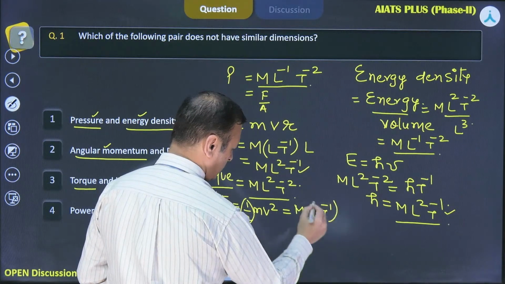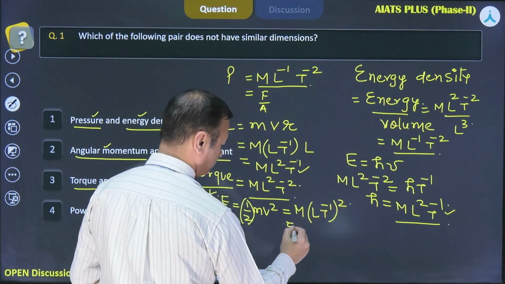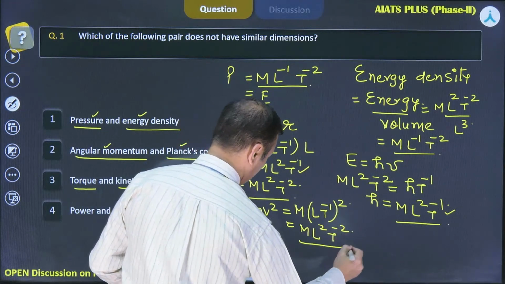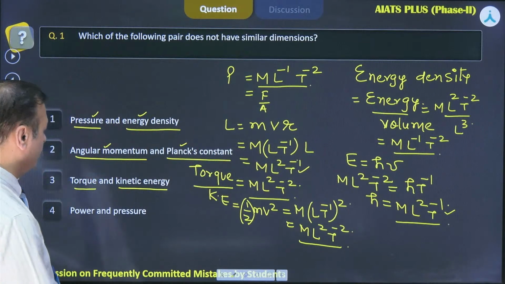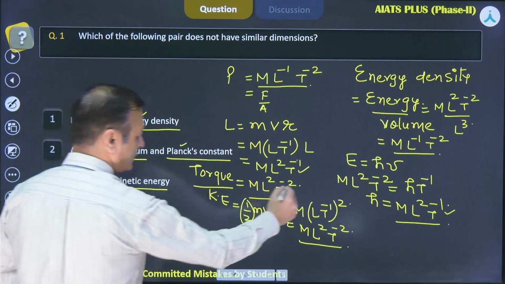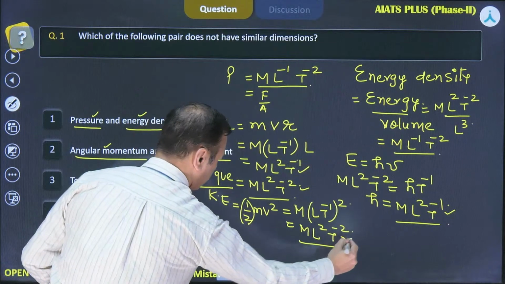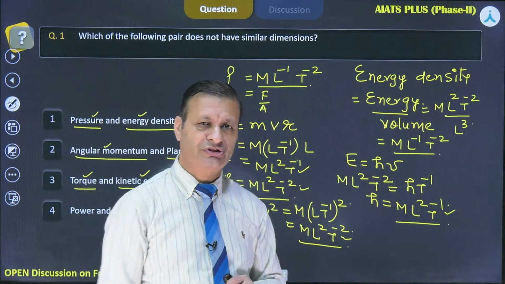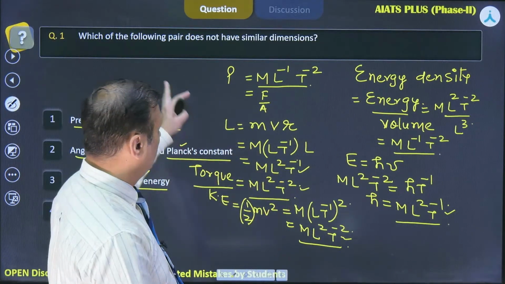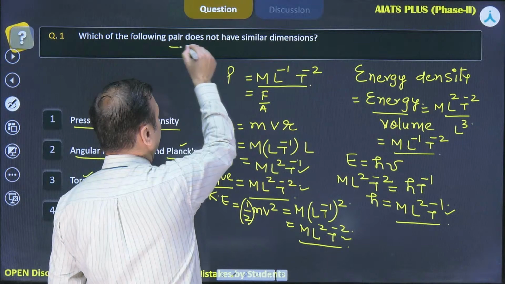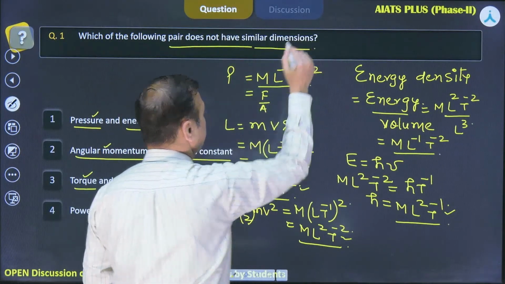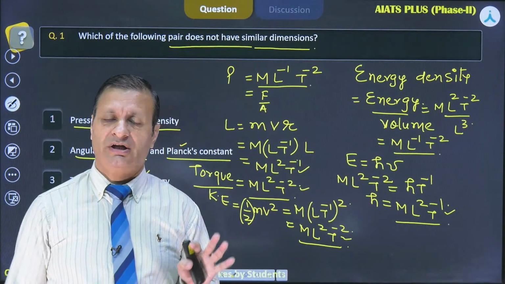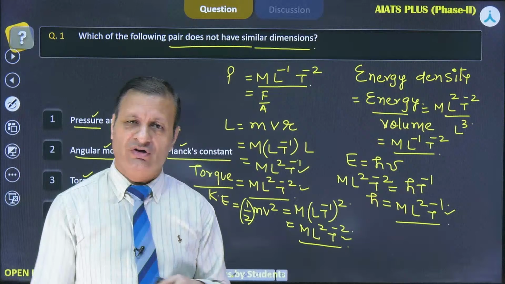So the dimensional formula of torque is given by this and kinetic energy is given by this. Again, they both have same dimensions. We have to pick a pair in which dimensions are different.